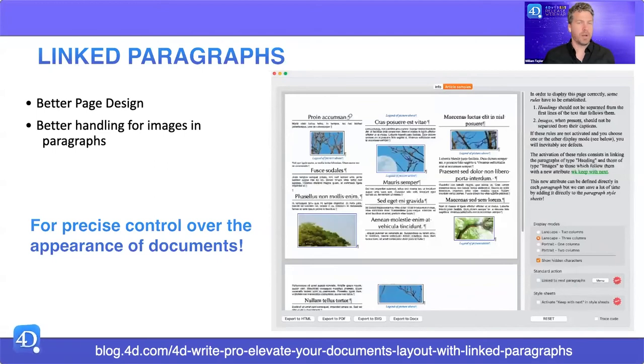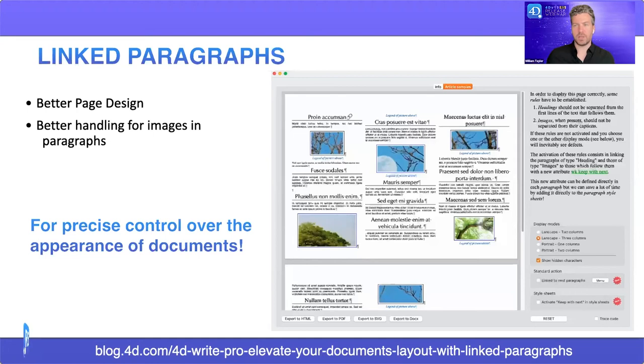And the last 4D Write Pro feature that I'd like to highlight today is linked paragraphs. Now, some rules are already known and applied in 4D Write Pro, such as the management of widows and orphans, unbreakable paragraphs, etc. And starting with 4D v19 R5, it is now possible to determine if a paragraph and the one that follows it must remain linked, in other words, not separated by a page or a column break.